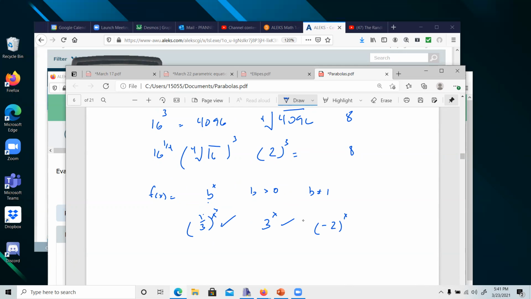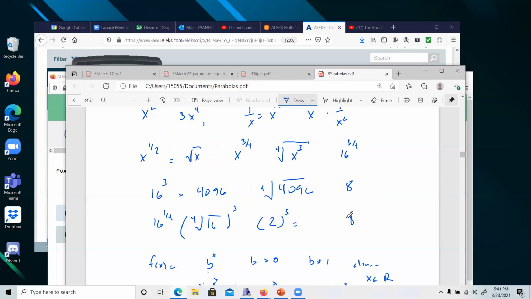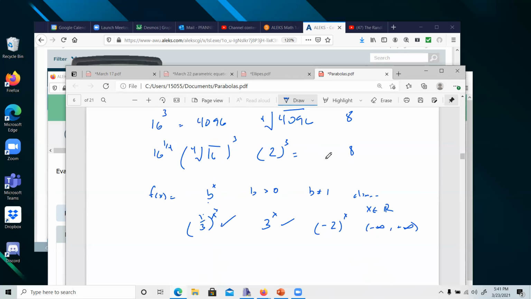Like, why can't you do -2? Well, x could be any number, right? The domain for this function is going to be, well, the x can take on any value. So x can be any number, -infinity to +infinity. Now, if you remember what x to the 1/2 means, what if I put in -2 to the 1/2?